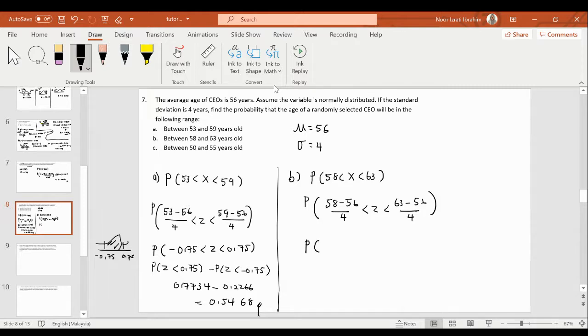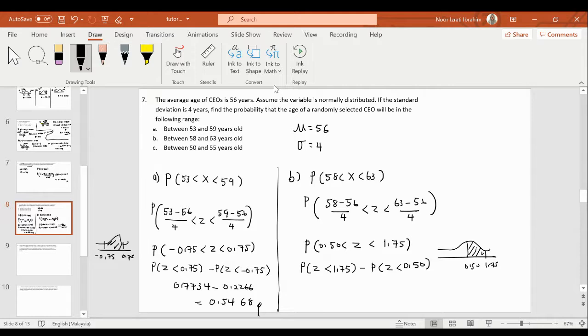And it will give us z in between 0.50 and 1.75. If you shade the region here, 0.50 for example here, 1.75 is here. So to find the region between these two z, this is equivalent to the probability when z less than 1.75 minus the probability when z less than 0.50.